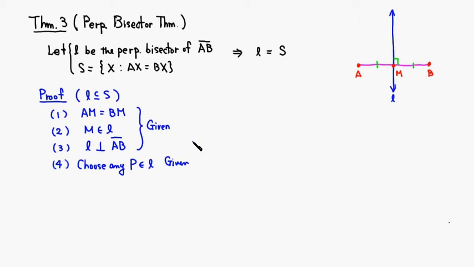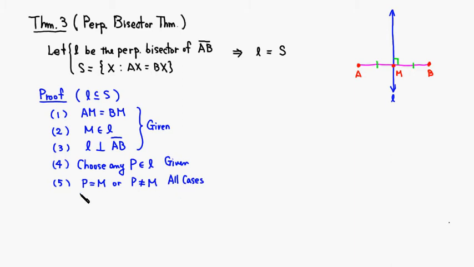There are a couple of cases we have to talk about. First case, if P happens to be equal to the midpoint, or second case, P happens to be not the midpoint of segment AB. So this is all the possibilities, all cases.